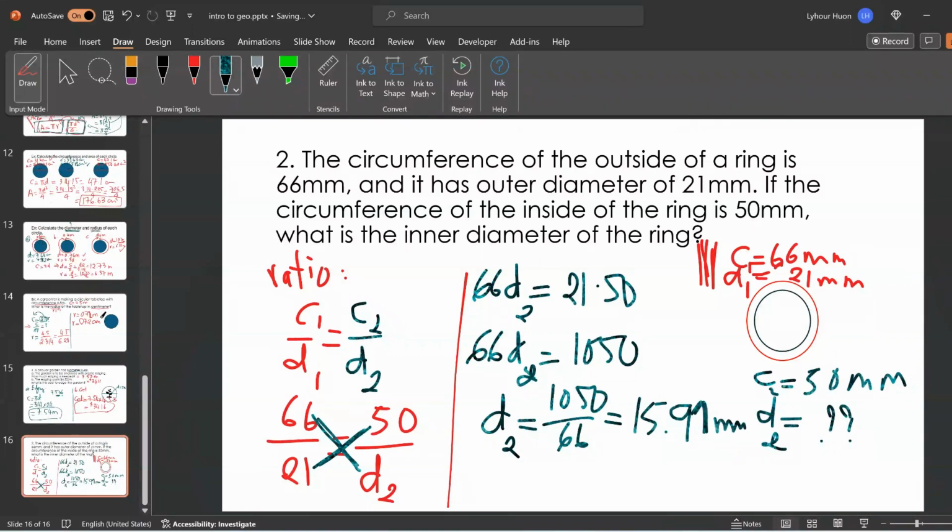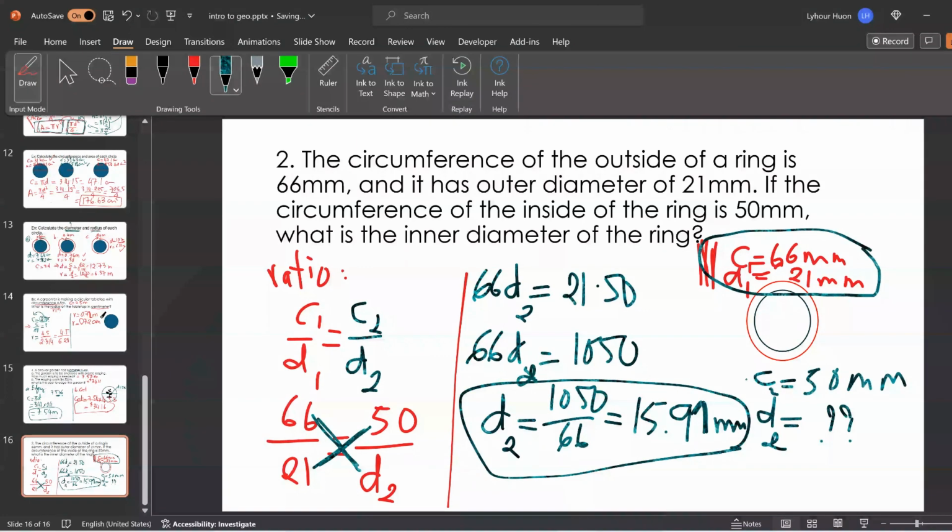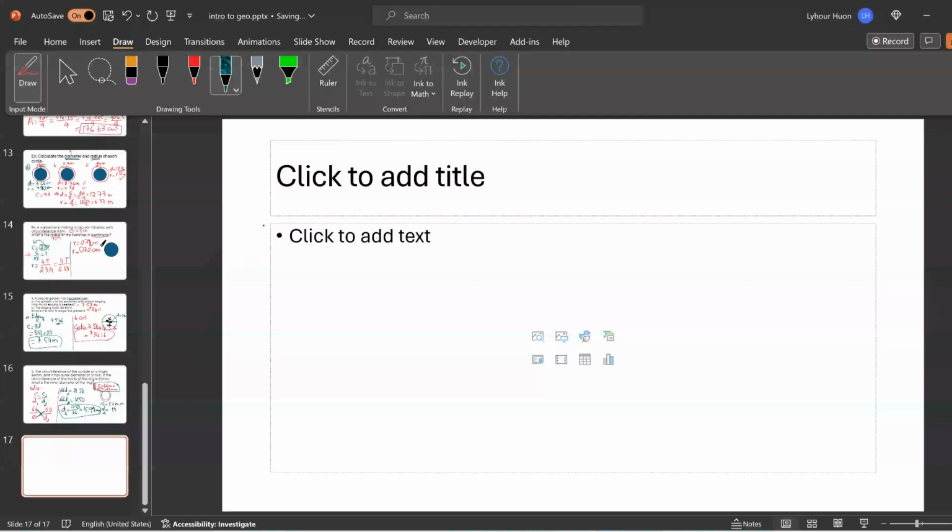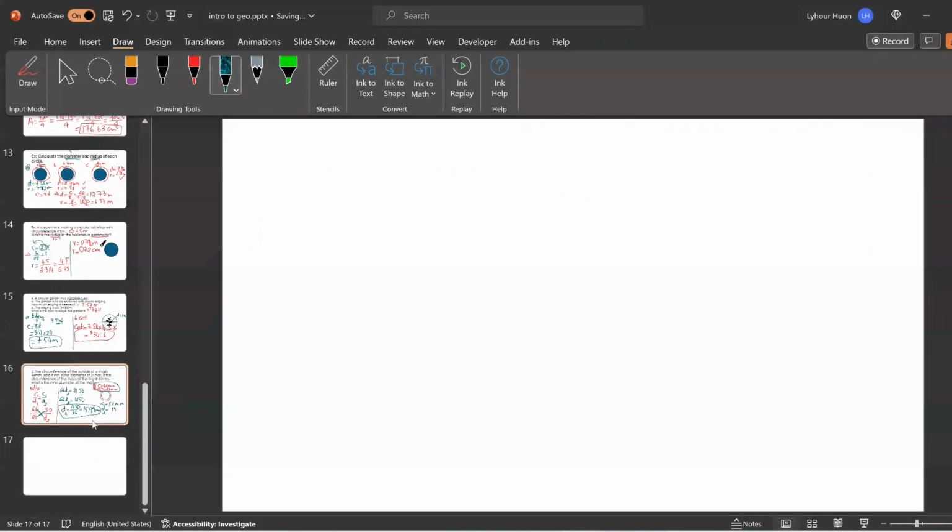So I think the purpose is to do it with these proportions. But if you already know the circumference formula, we can do it without even knowing this. Only this circumference can find the diameter already, right? Do you agree? Okay, so let's do it our way as well, as we already studied the circumference.